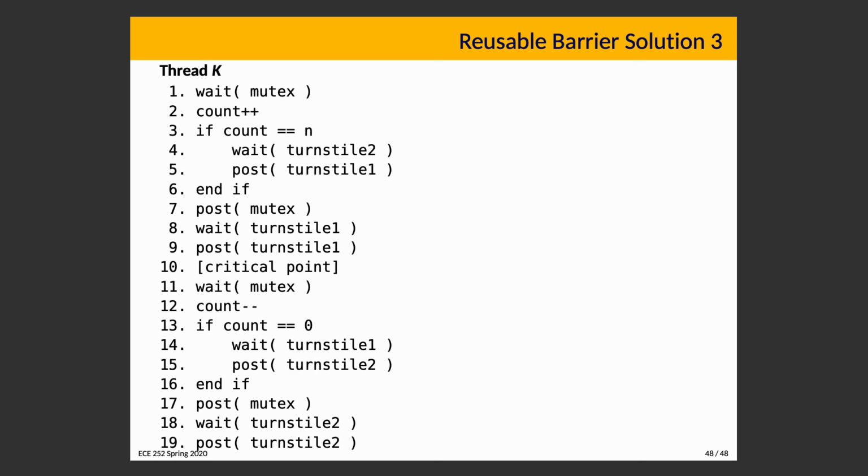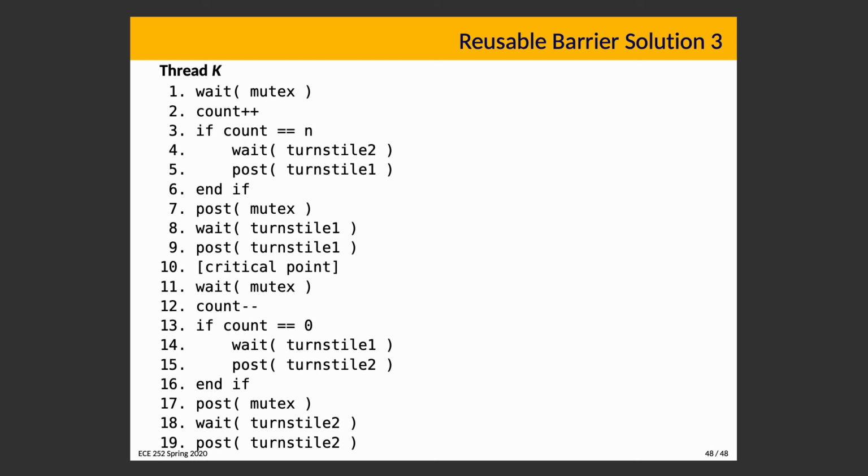If we are the first thread that's arriving, we'll wait on the mutex, increment count to 1, skip the if because it's not true, post on the mutex, wait at turnstile 1 and get blocked. If we are the last thread in this phase, then we do the locking of the second turnstile and the unlocking of the first.